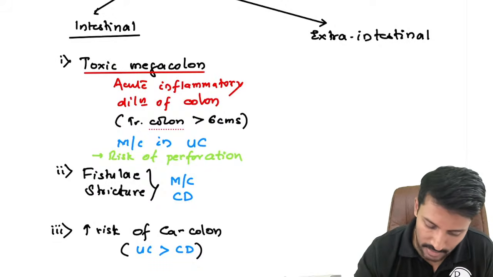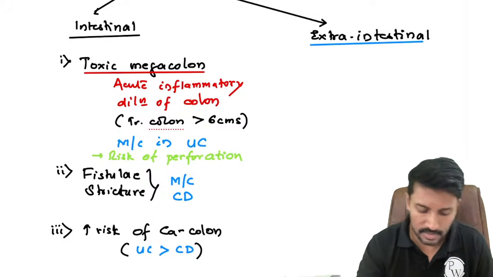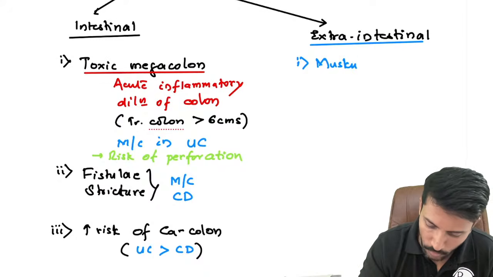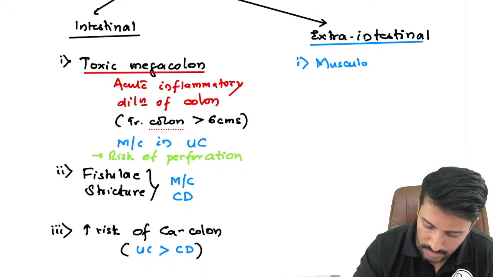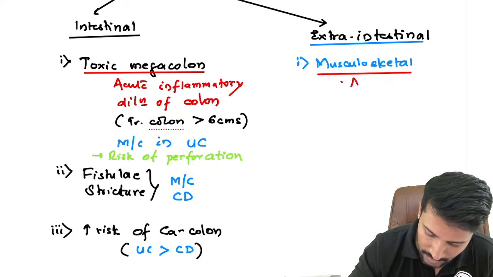Now, what extra-intestinal complications can I expect? These we can list system-wise. The first is musculoskeletal. What musculoskeletal complications can I get? It can lead to arthralgia, joint pains.